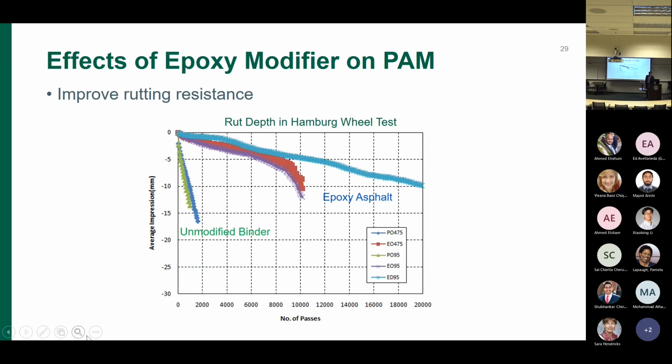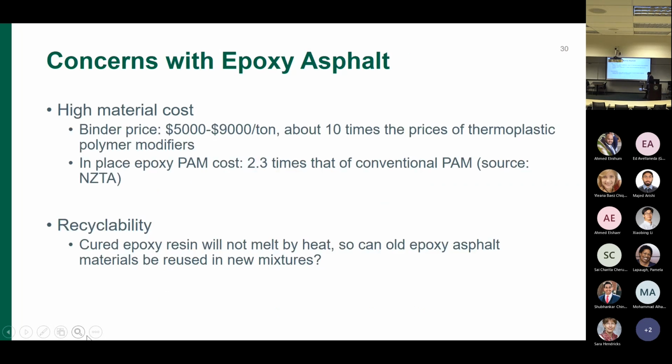The use of epoxy can significantly improve the resistance to rutting. Now, why don't we use this? There are some factors that prevent us from using epoxy on a large scale on roadway pavements. The main reason is that it's very expensive, because the cost of epoxy asphalt is almost 10 times the cost of thermoplastic polymers for the binders.